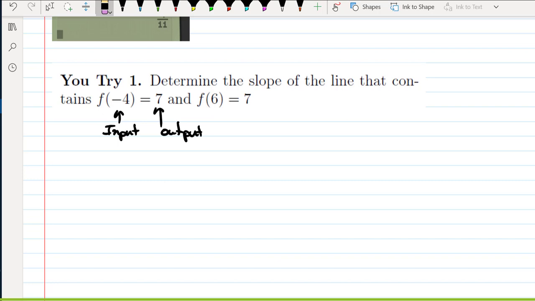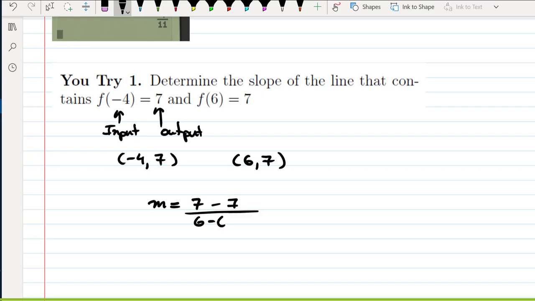So to find the slope, we need to use the two ordered pairs. We have our inputs and our outputs: -4 and 7, and 6 and 7. Then our slope would be 7 minus 7 over 6 minus a -4, which is 0 over 10, which would give us 0.